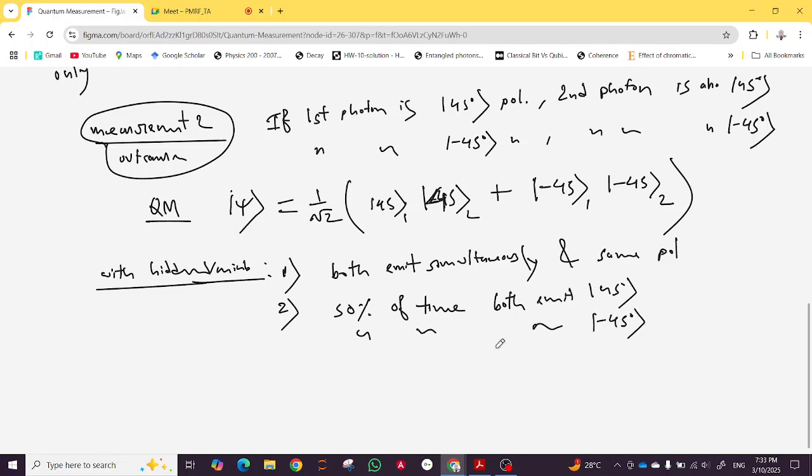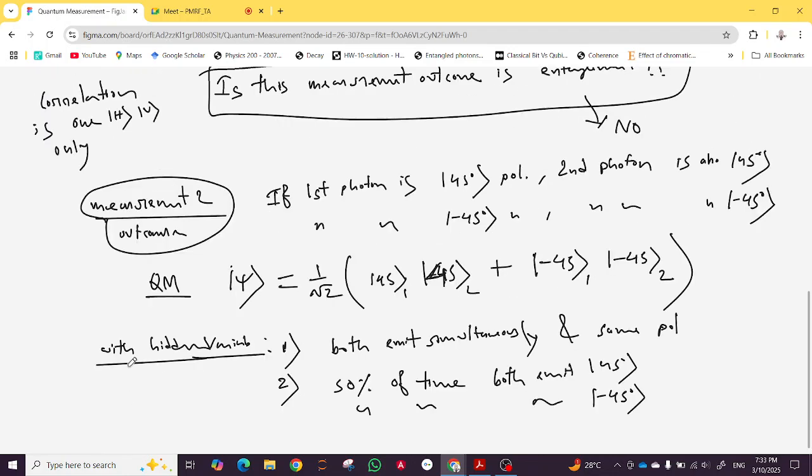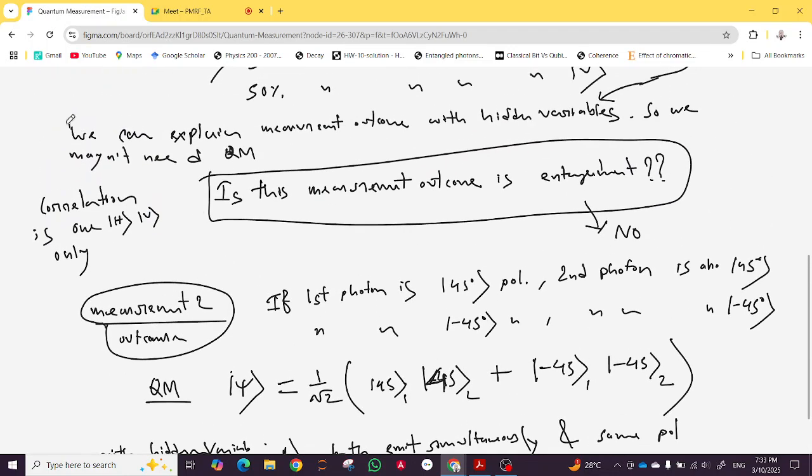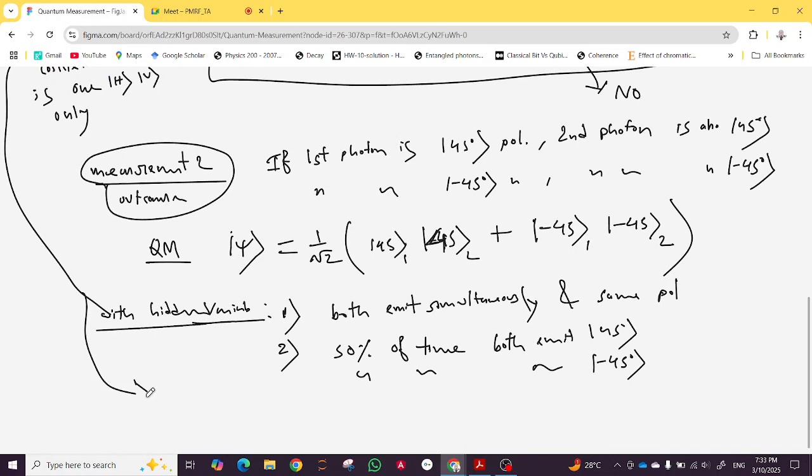With these two hidden variables you can explain the measurement outcomes. The same thing, we can explain these measurement outcomes with hidden variables. The same is valid here also.